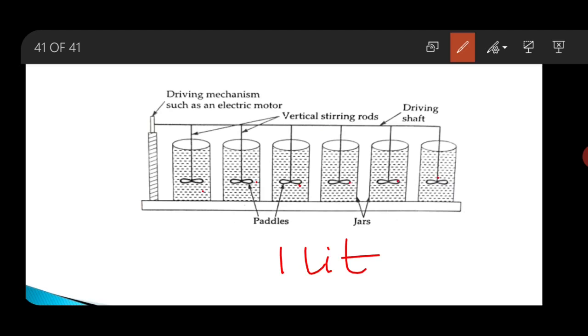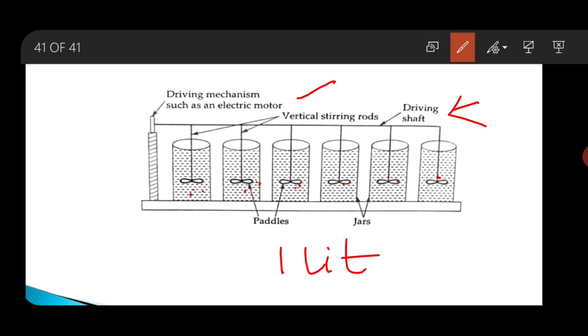In this test, first we put raw water in each jar, and then a different amount of coagulant is added to each jar. Here you can see there are paddles provided for each jar, and these paddles are connected to a driving shaft which is connected to an electric motor.